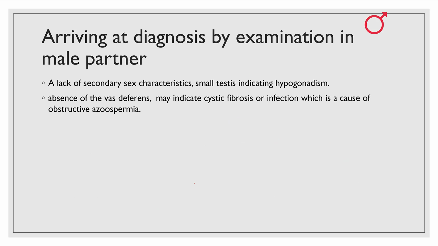And depending on these, you might come to say, small testes might say hypogonadism. Absence of vas deferens may indicate cystic fibrosis, which you can confirm by looking for the cystic fibrosis gene. Or enlarged or nodular epididymis may indicate a previous infection, maybe due to obstructive azoospermia.